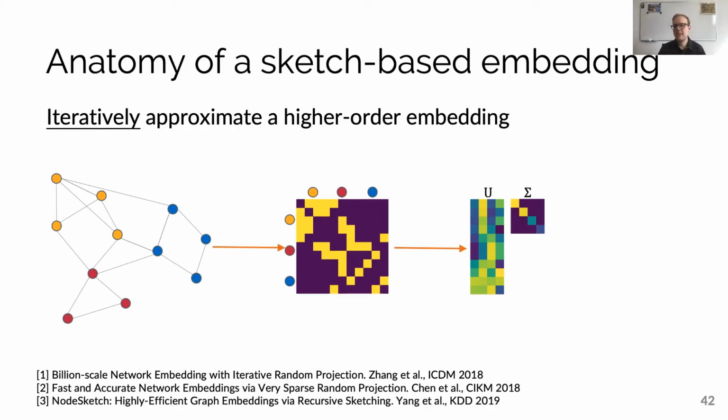It's very similar to factorization in the sense that a sketch provides us some compressed information about the original matrix, but it doesn't really strive for exact reconstruction. The main idea of the methods in this category, kind of similar to AROPE, is that we iteratively approximate higher order embedding, but we do not really strive for reconstruction of a very specific similarity matrix.